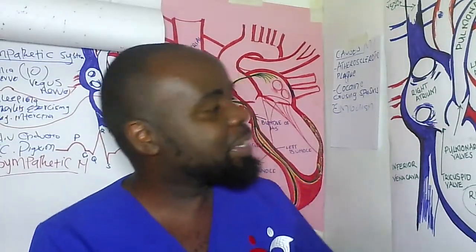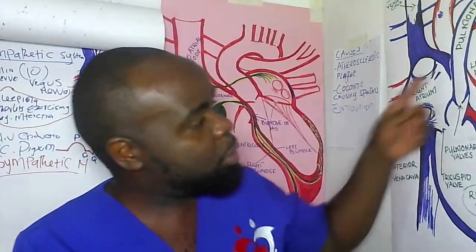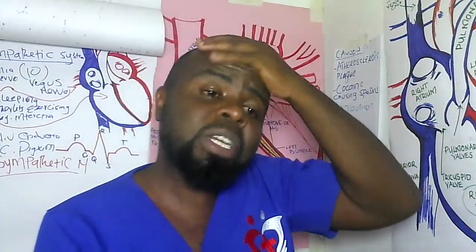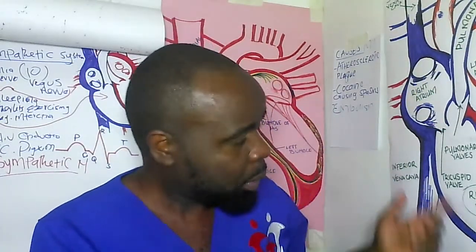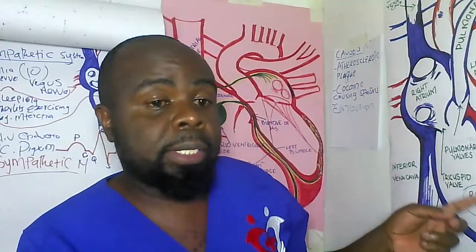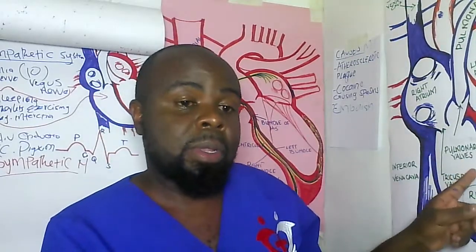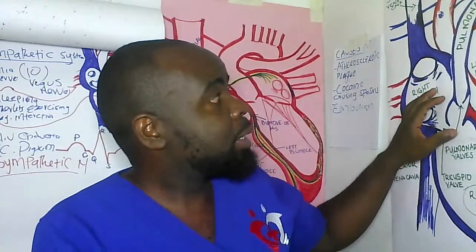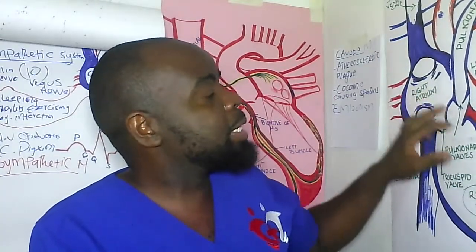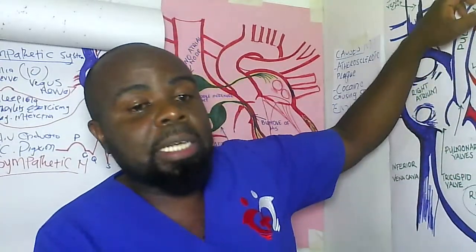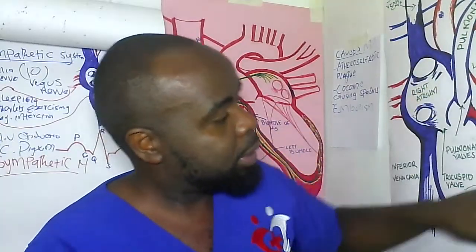Now, when the foramen ovale has not closed, what happens is this: the ventricles are pushing blood, and some blood, instead of going to the pulmonary artery, is going round.